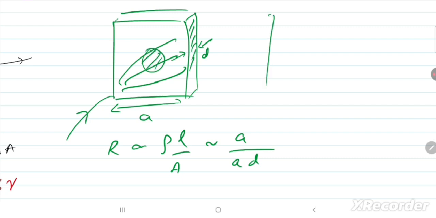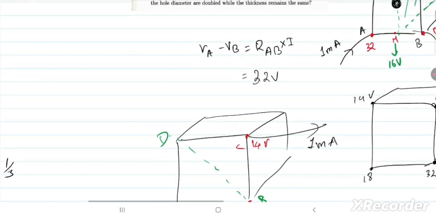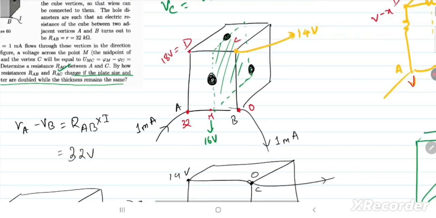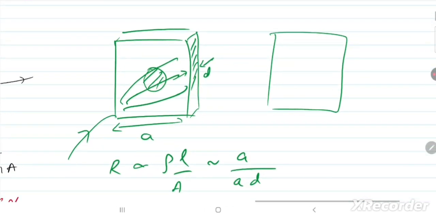It's given in the question that we double the h as well as double the radius. As mentioned, you can read it here. Hole diameter is double and thickness is remaining same, and the plate size is also doubled. Basically, the edge length and the hole diameter both are doubled.